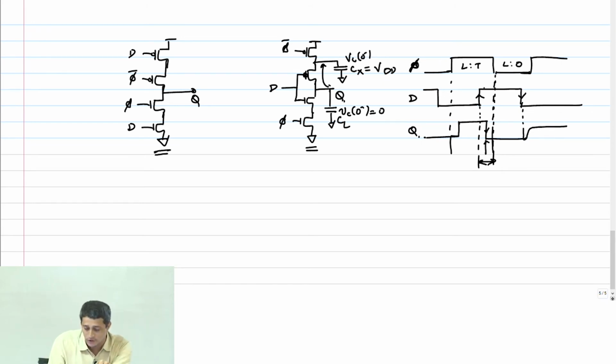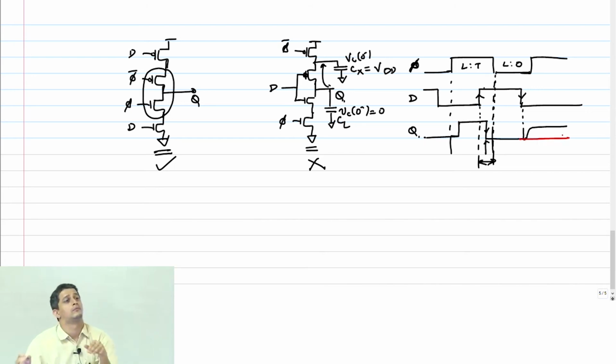In this configuration, any change in D after the clock has shut off will not reflect in the change in the output Q, because the clock is actually gating that change right in between. So therefore, this is the only correct configuration for a tri-state inverter, and this is not a correct configuration. So in configuration 1, Q will continue to be at 0.